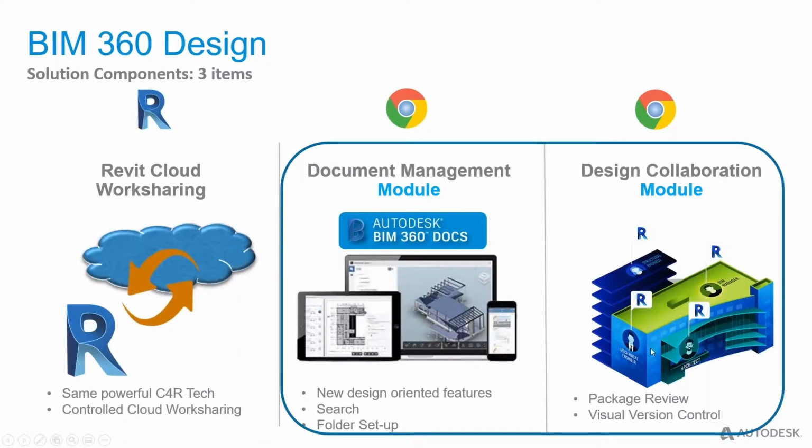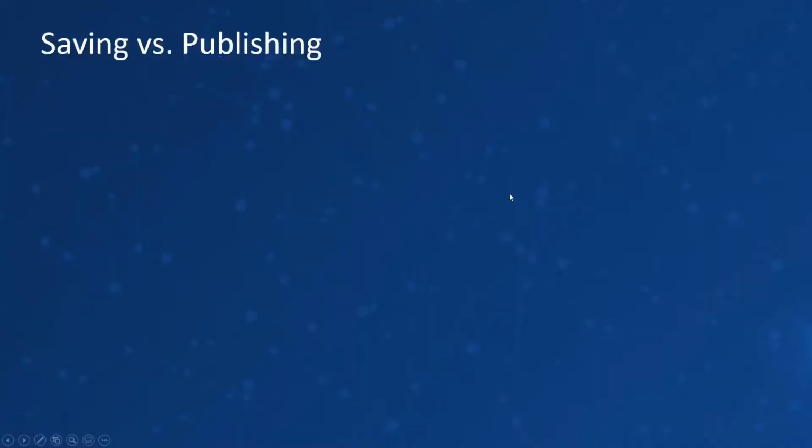But this is really where we want to make sure that we have an official and auditable handover process between different disciplines. Essentially, we want to get rid of those discussions where somebody says, well, I never received your file, or this is the file I was working on, and then it turns out it's not the latest version. So that sort of handover process, we want to have that fully automated, and that's really where this design collaboration module comes in.